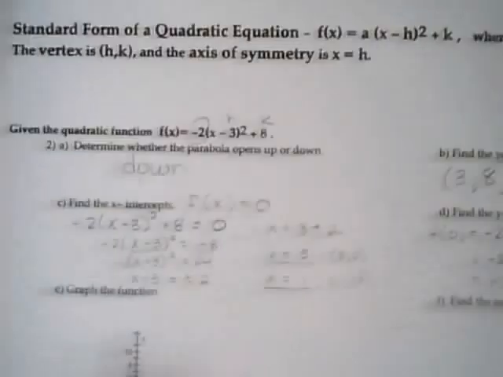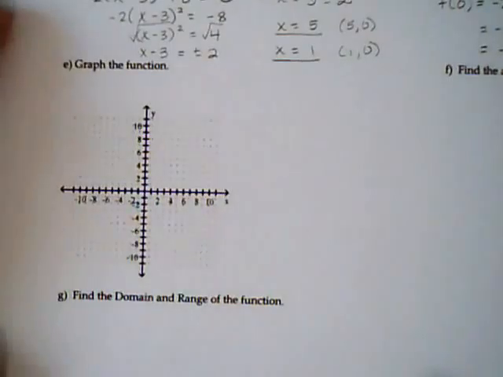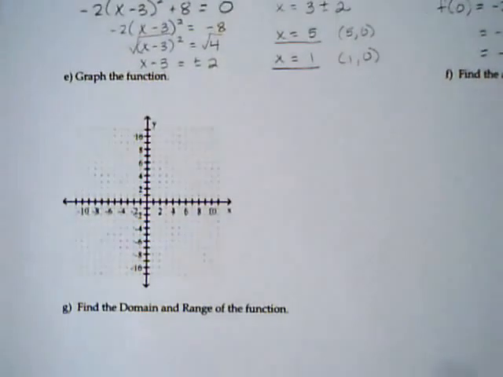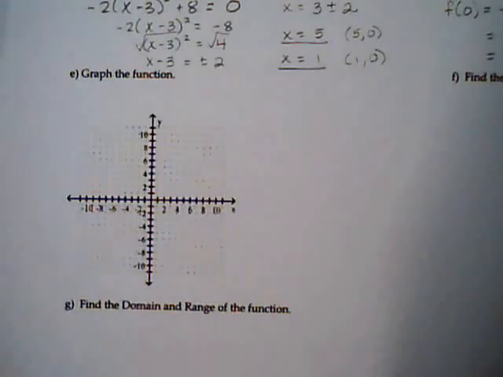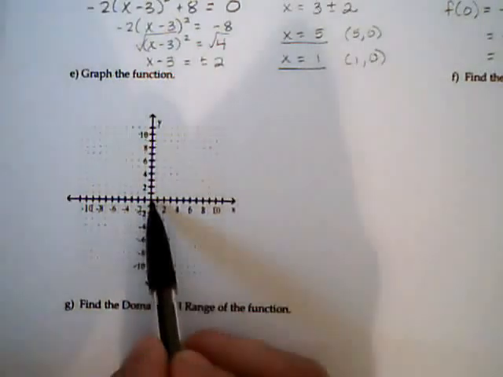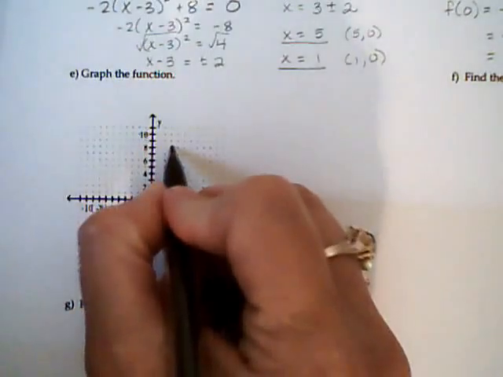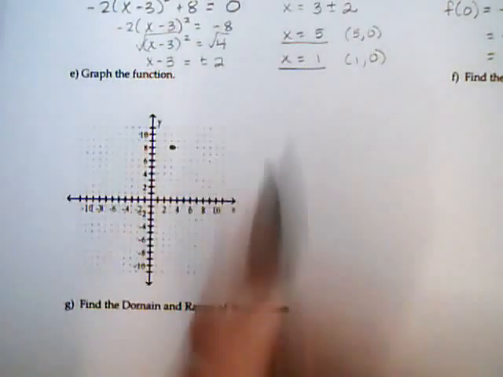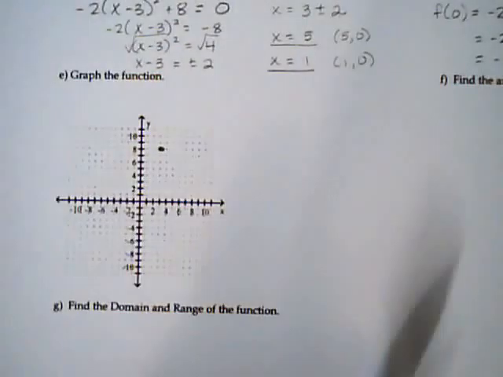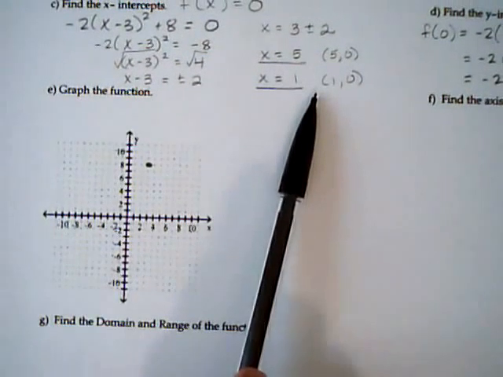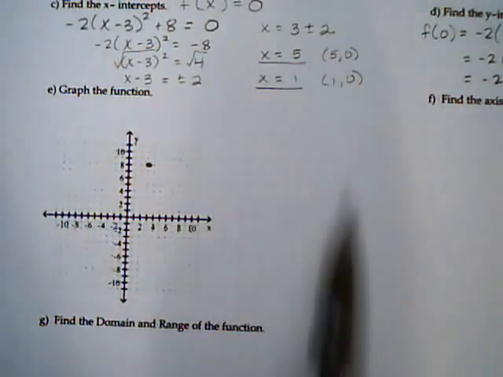Okay, so then it says on part E, you're ready to graph the function. So I know my vertex, (3, 8), so I would plot that first. Okay, I have my x-intercepts at (5, 0) and (1, 0).